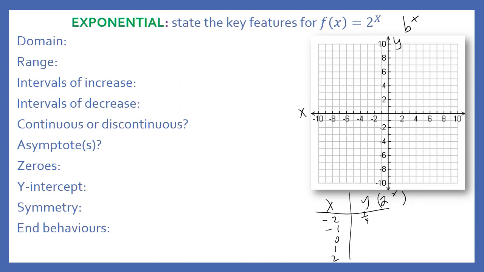So 1 over 4, 2 to the negative 1, 1 half, 2 to the 0, 1, 2 to the 1, 2, 2 to the 2, 4. So there is our parent points, and we can graph those. So negative 2, really close to the x-axis, negative 1, 1 half, 0, 1, 1, 2, 2, 4.